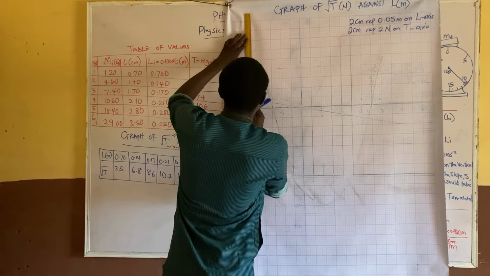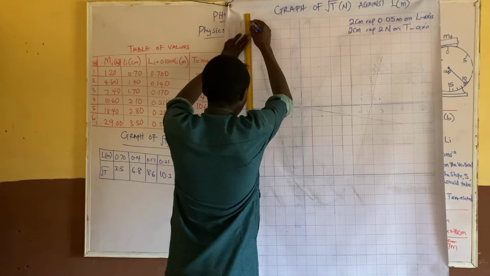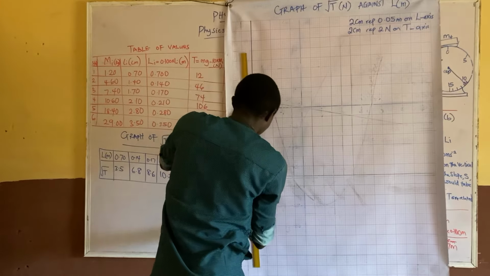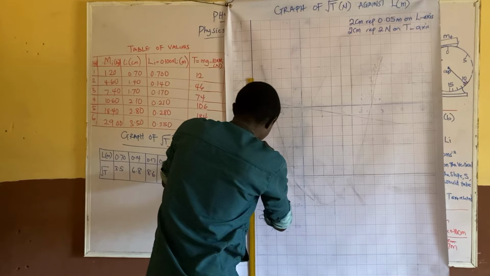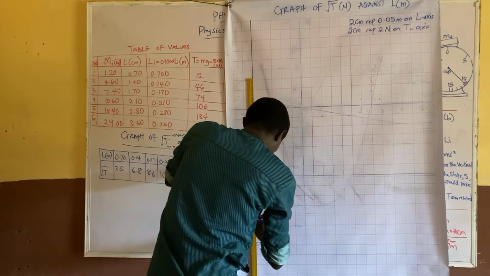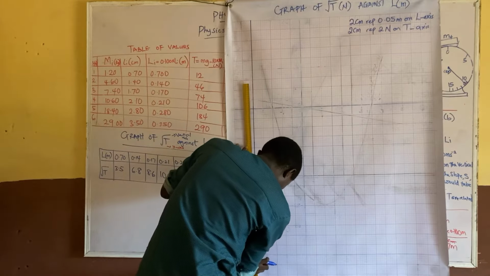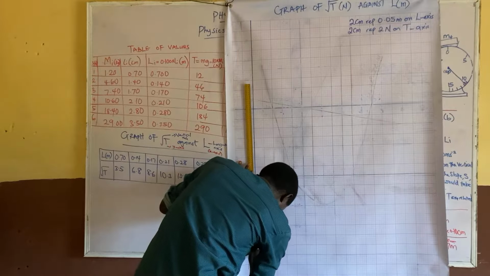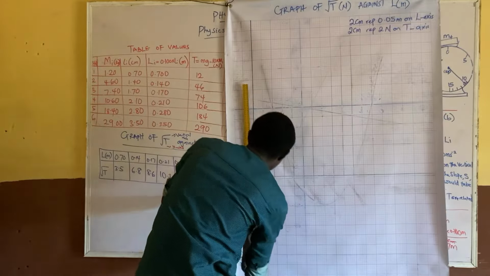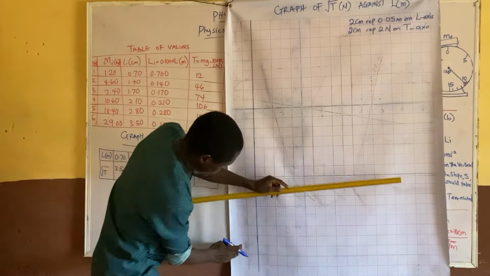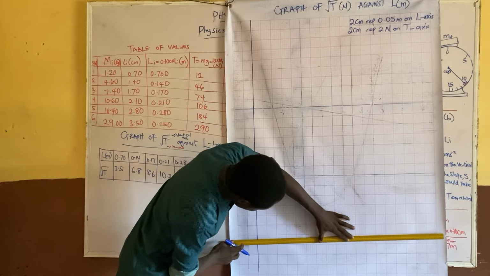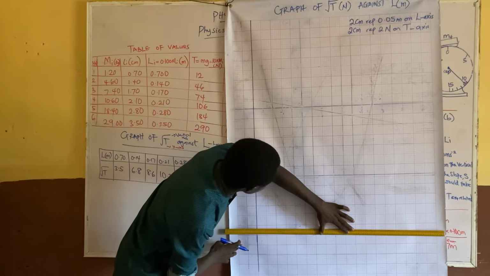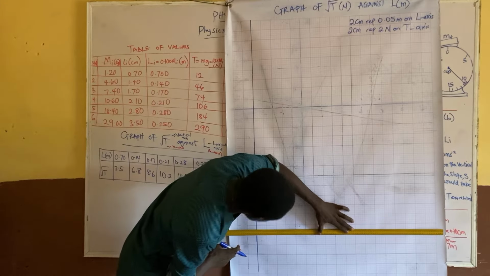Let's draw the vertical axis. So now I'm drawing the axis.